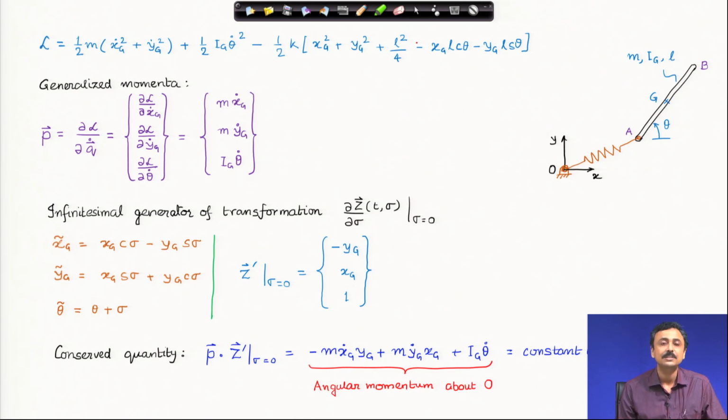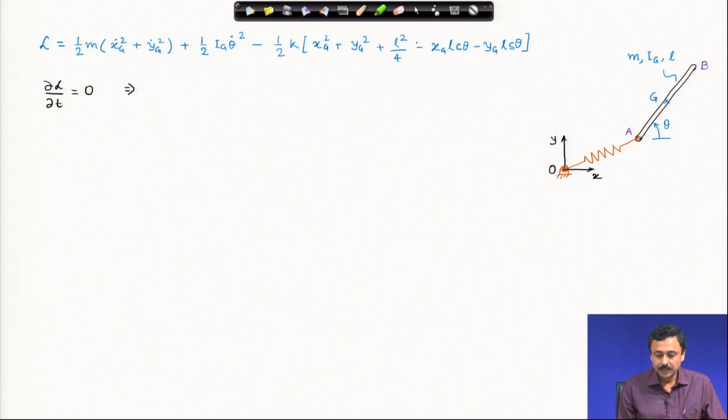Difficulty levels can vary. You may be able to see this transformation very easily, or maybe you have to work it out, but these things will have to be searched for, and a lot of analysis can go into searching for such infinitesimal symmetries of the Lagrangian. This is one.